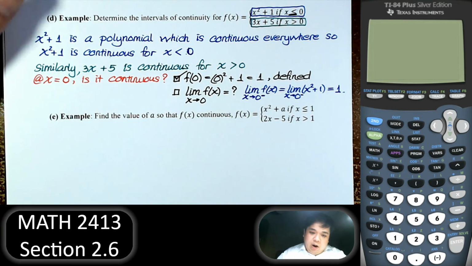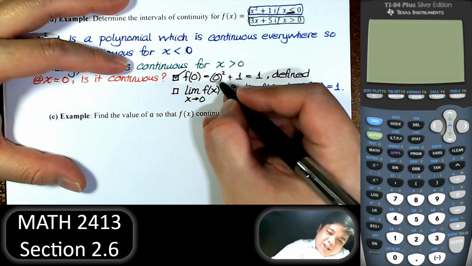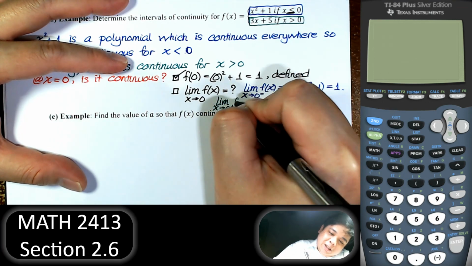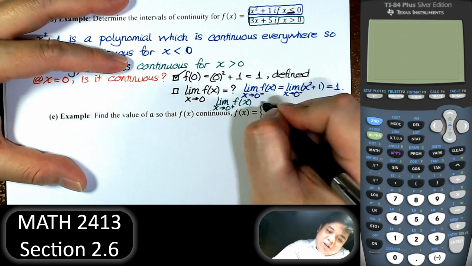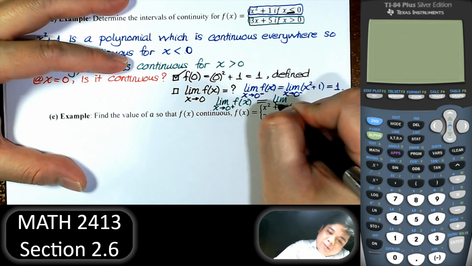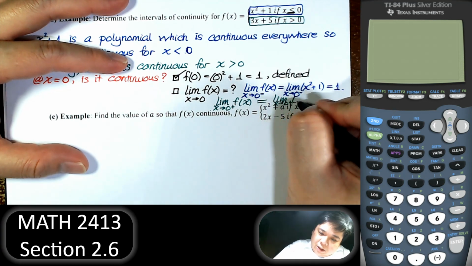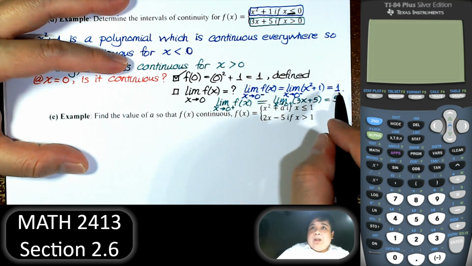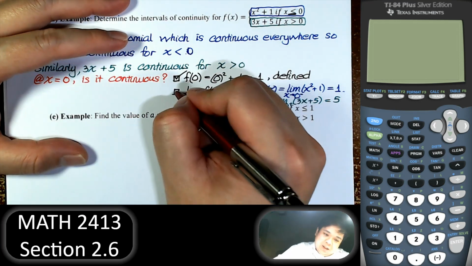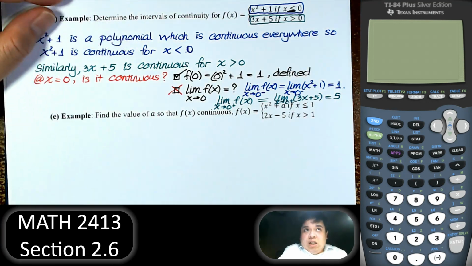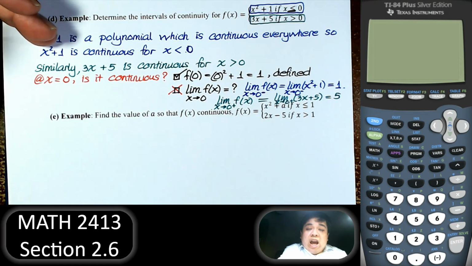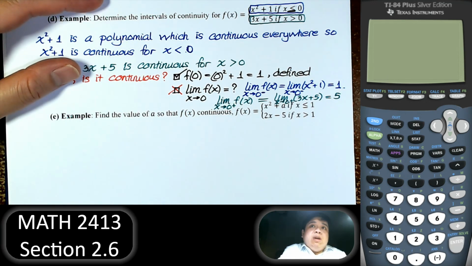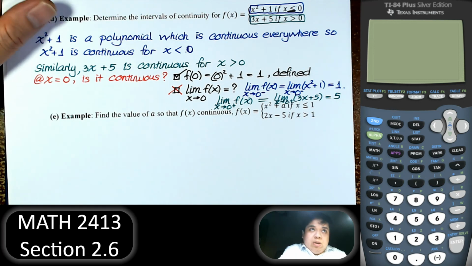And then the limit on the right hand side, it is 3x plus 5, and if we put 0 in it, it is equal to 5. Since they are not equal, it is not continuous. So the function is continuous everywhere except for 0, because at 0 the limit does not exist. If the limit does not exist, the function cannot be continuous.